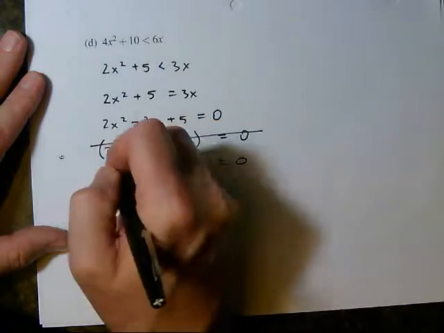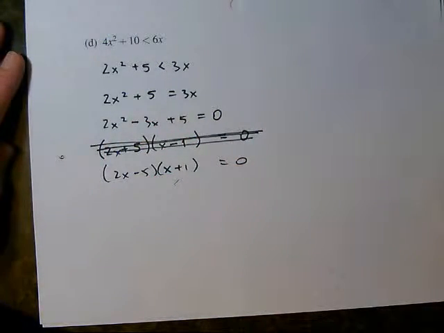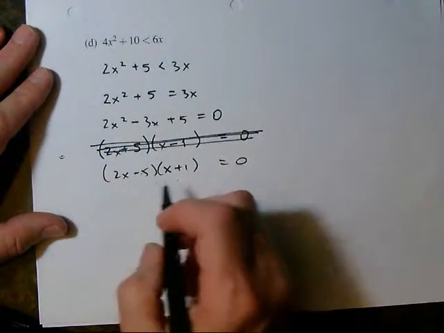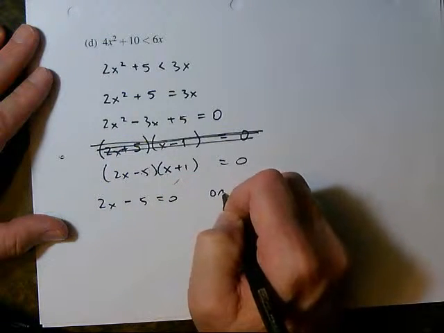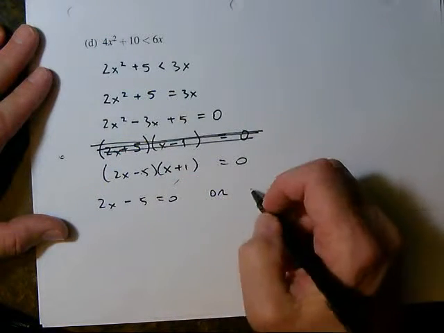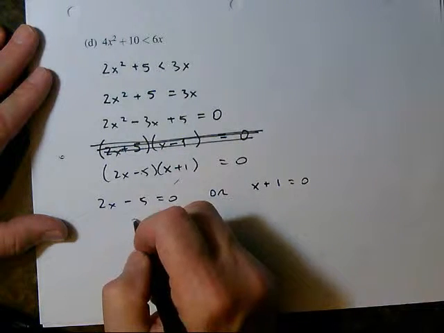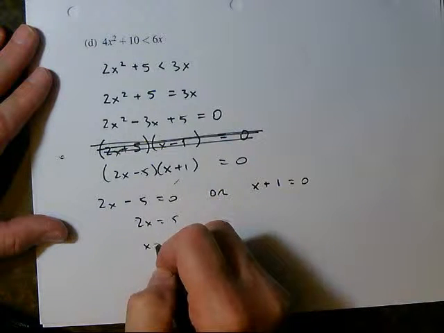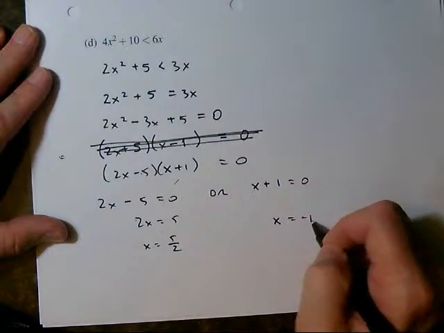Good. So now if that had not worked, I would have used the quadratic equation on it. So I've got a factored form equal to 0, so I can solve. Actually, you need to put the or between those to make this a correct statement. So let's see, 2x equals 5, x equals 5 halves, or x equals negative 1.